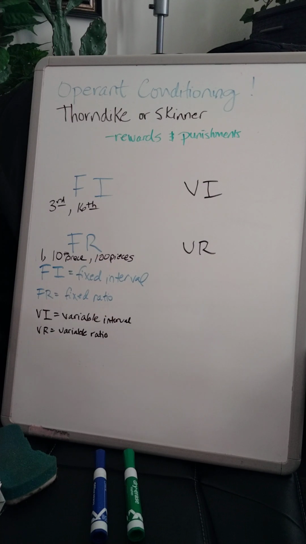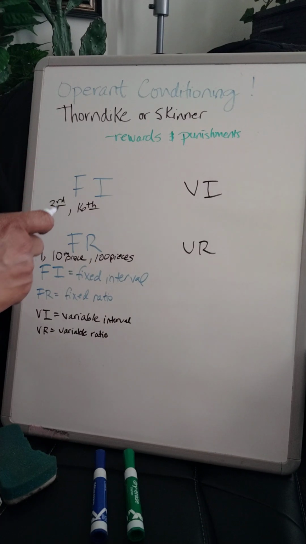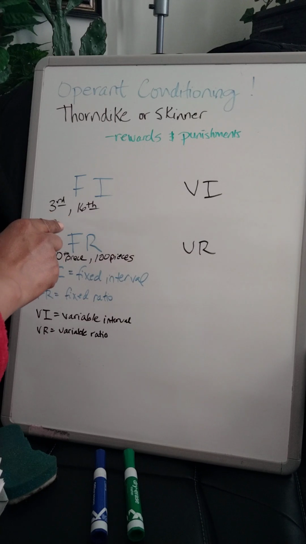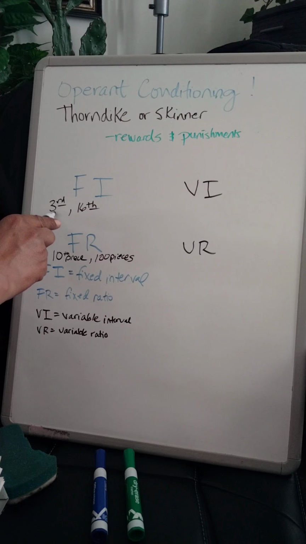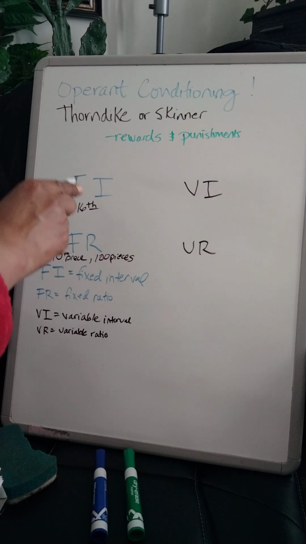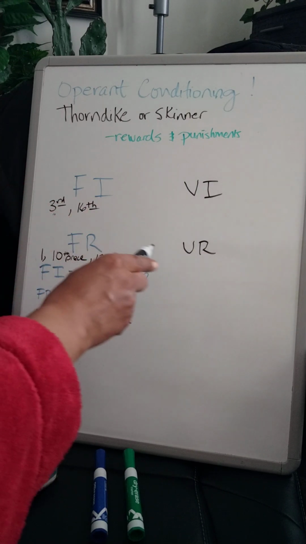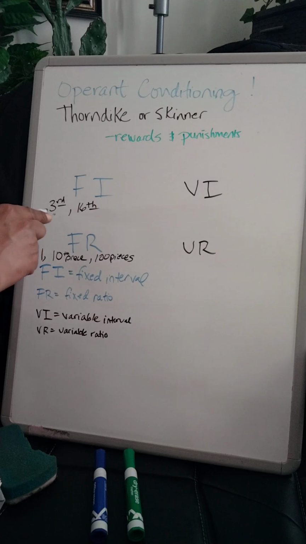Remember, that's different from fixed interval. In fixed interval, you'll get paid after a fixed period of time. So the fixed period of time will be 3. After the 3rd period of time, as long as you keep doing the behavior at least once during this interval.